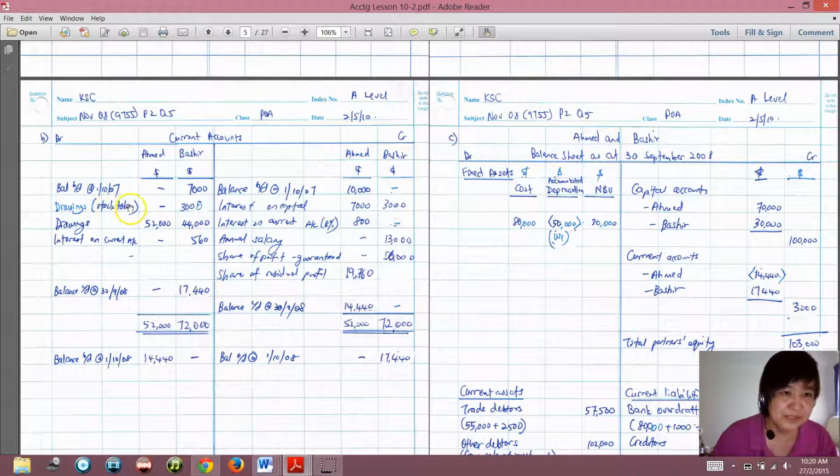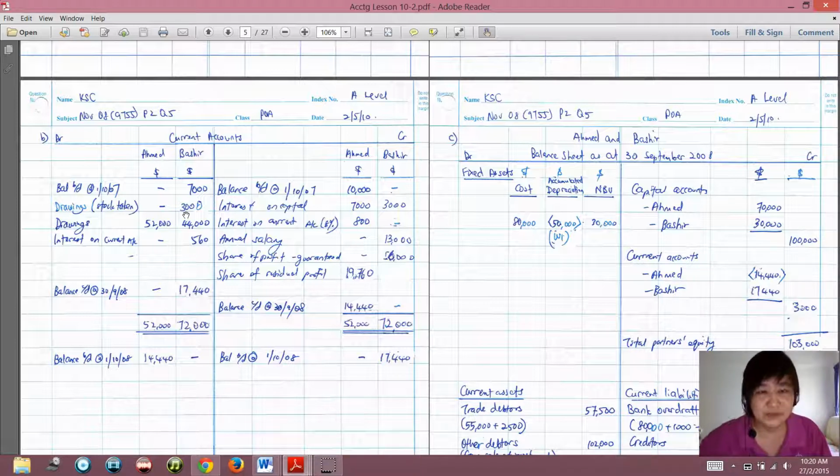Drawings, I just put here in brackets, stock taken 3,000.